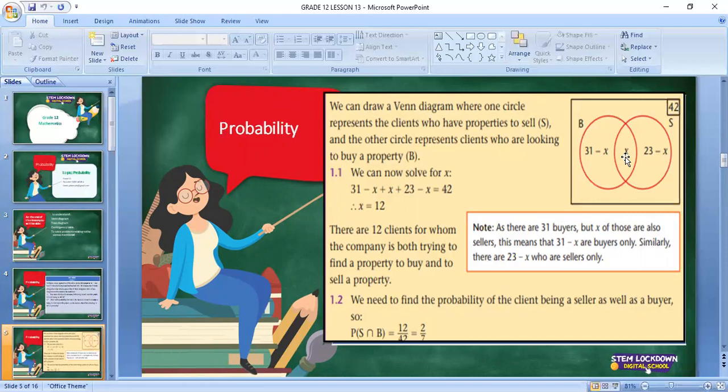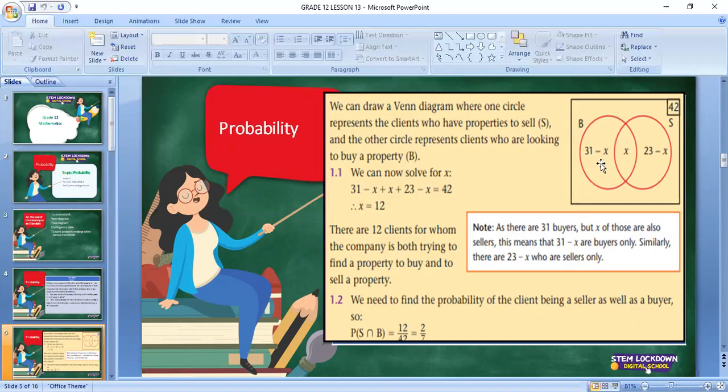The question asks us to draw a Venn diagram for the events. 31 is the total of those who want to buy properties, and 23 is the total of those who want to sell. But among the 31 who want to buy, some also want to sell, and among the 23 who want to sell, some also want to buy. We represent those who want to buy and sell with X, placed at the intersection.